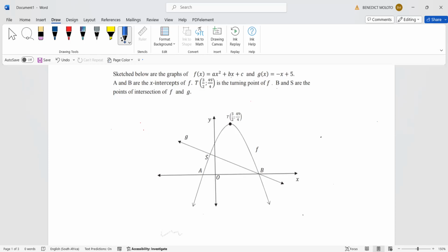B and S are the points of intersection of f and g. That means at those points f of x is equal to g of x. The two graphs intersect each other.